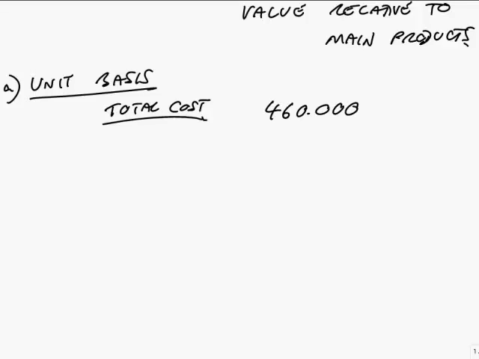However, unless you are told differently, any money you get from the byproduct you treat effectively as a negative cost of the main products. So what I mean here is, although we're spending 460,000 in total, there is a byproduct that can be sold for $1.40. We say the net cost of A and B. We take off the proceeds, the money from the byproduct.